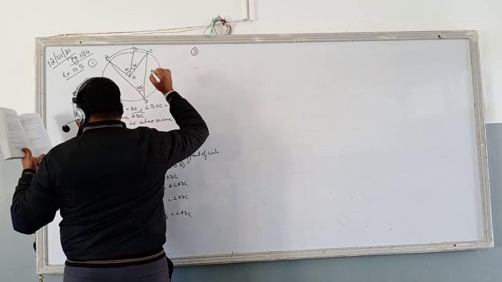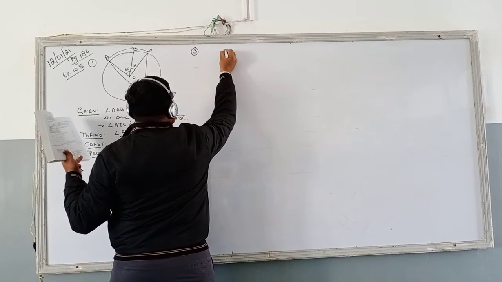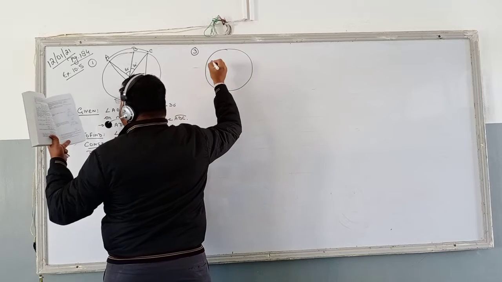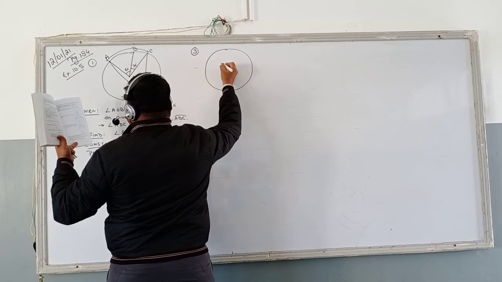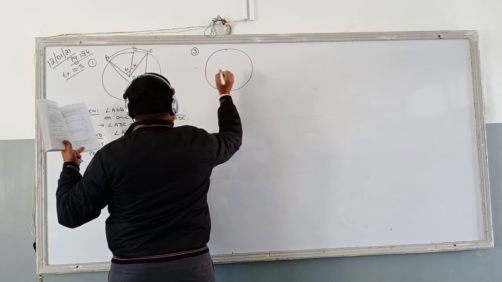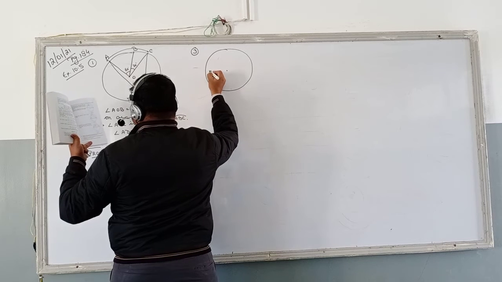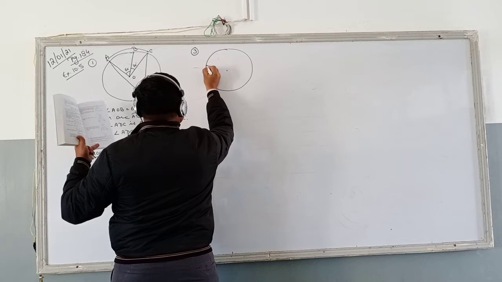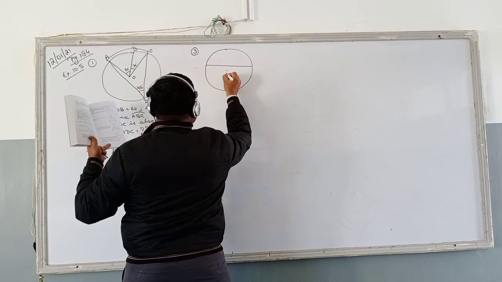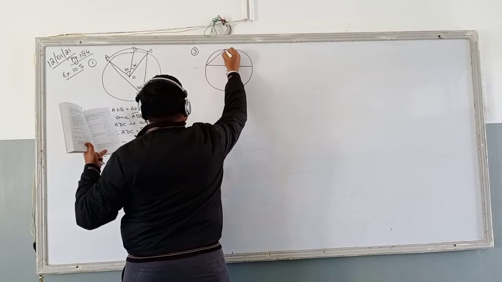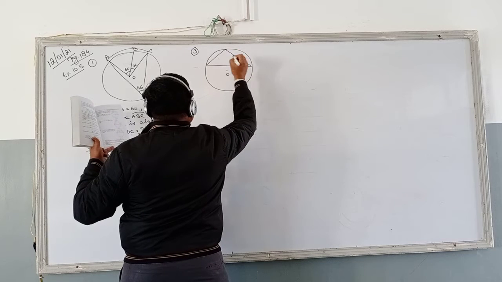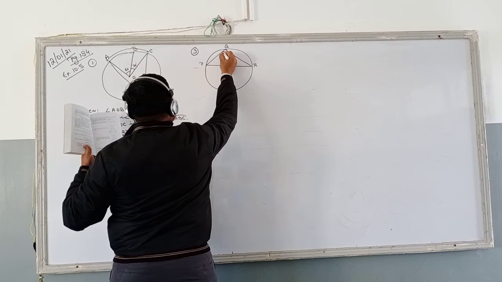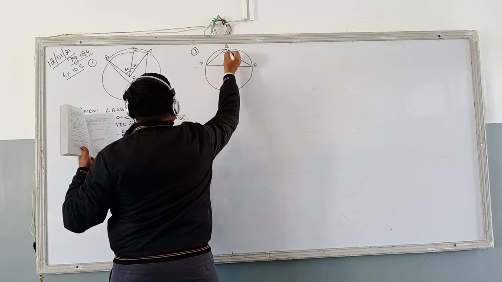Question number 3. In the given figure, angle PQR is 100 degrees. This is the figure given to us. This is the center O. This is Q, this is R, and this is P. This is 100 degrees.